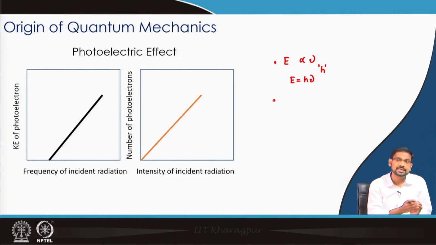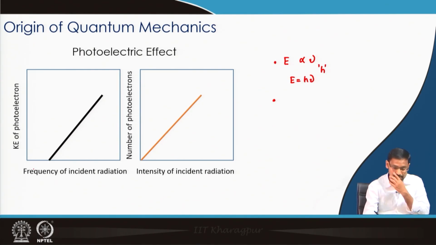If the frequency is low, the energy of each packet is very low. This energy is not sufficient to eject even one electron. So even if you put in 10,000 packets, since each packet is not able to eject an electron, 10,000 packets are not going to eject even a single electron. That is why, even when we use large intensity for lower frequency light, we are not able to see any ejected photoelectron.